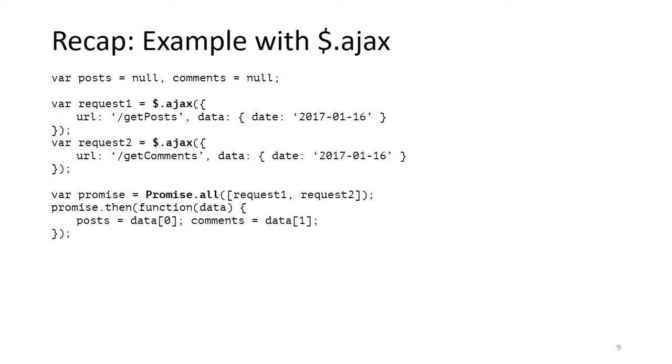So this means that, for example, with the jQuery Ajax function we used, we may not simply pass a callback here. We may pass no callbacks here, and this function will return a promise. And we can use this promise in a way we used it before. For example, here I write promise.all, and this promise will be resolved only after both requests are finished.